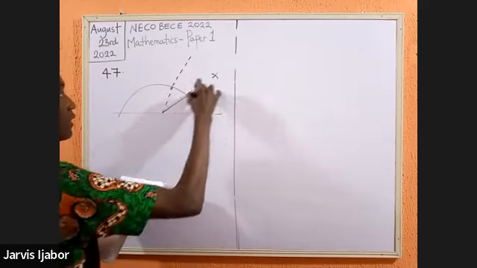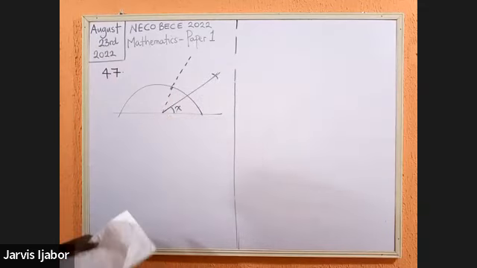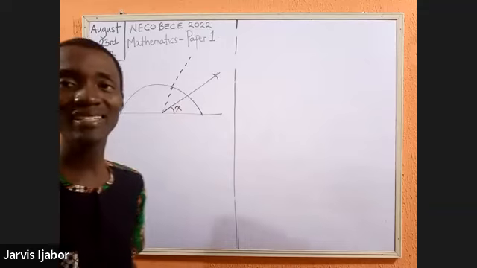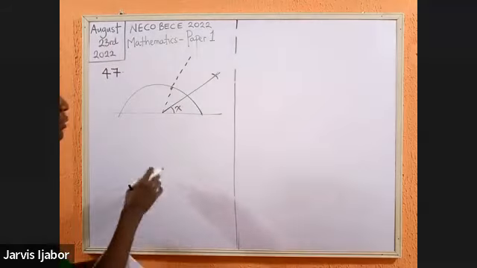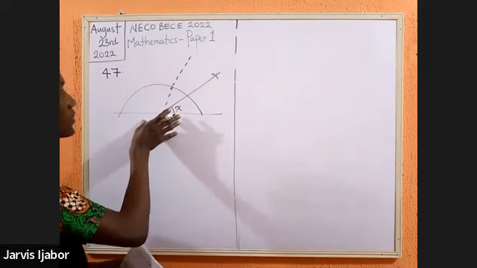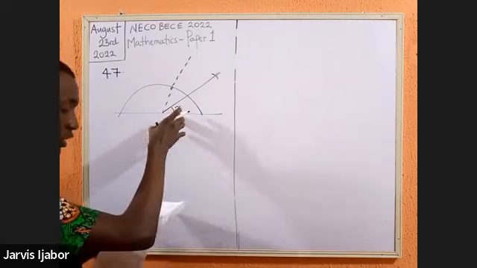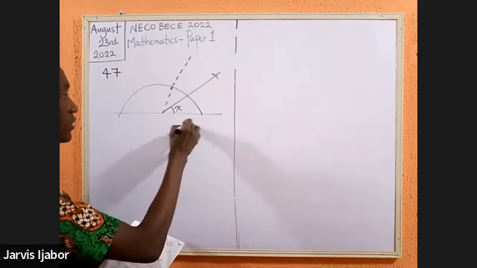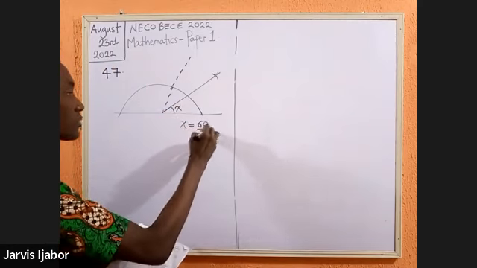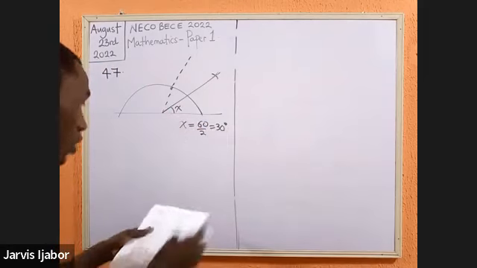So what would this angle be? This angle will simply be 30 degrees. How do I know that? From my knowledge of construction, I've constructed 60 degrees, and if I bisect 60 degrees, I'm going to get 30 degrees. So x will be equal to 60 divided by 2, and that will be 30 degrees. So that option will be B.